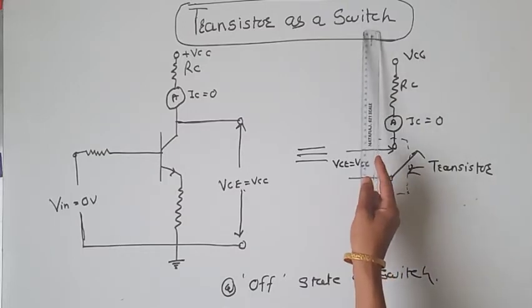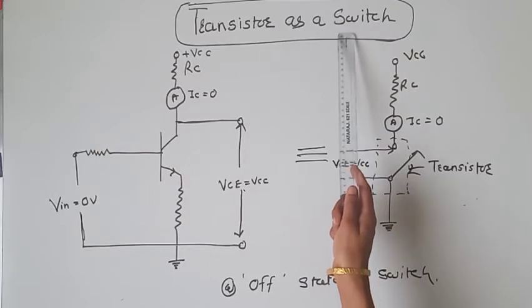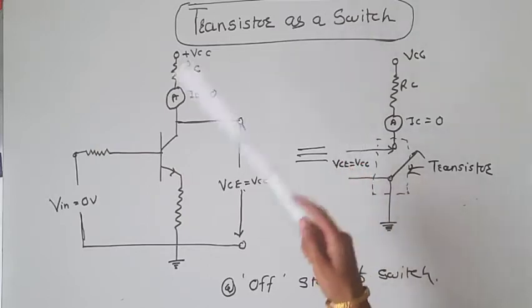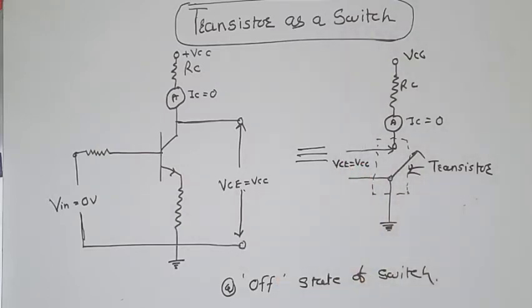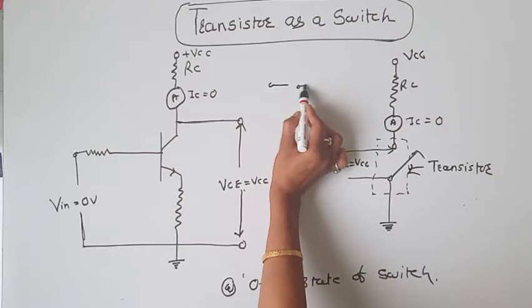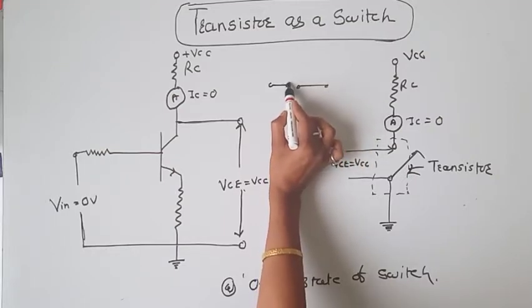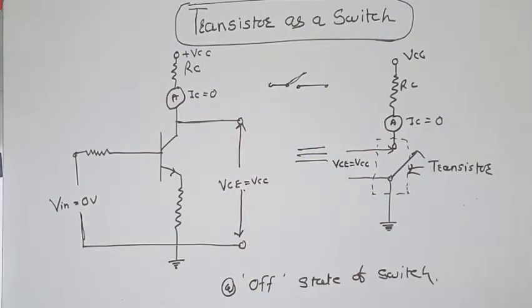Switch. Before moving towards this, you must know what is meant by switch. So I am going to explain that first. Switch is a device which is used for make and break action. This is the symbol of switch. Here, this is a pole, a moving contact.